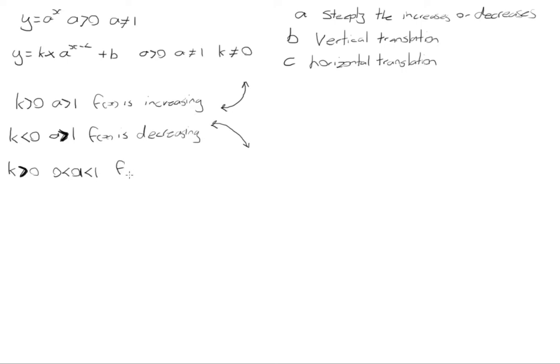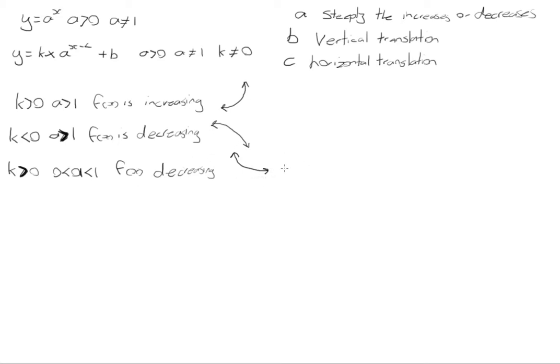What is f of x going to be in this case? Again, it's going to be decreasing, but it's going to look like this instead. Where a was greater than 1, it was decreasing in that kind of shape. When a is between 0 and 1, it's still decreasing, but it's in that kind of shape, so it's the opposite.